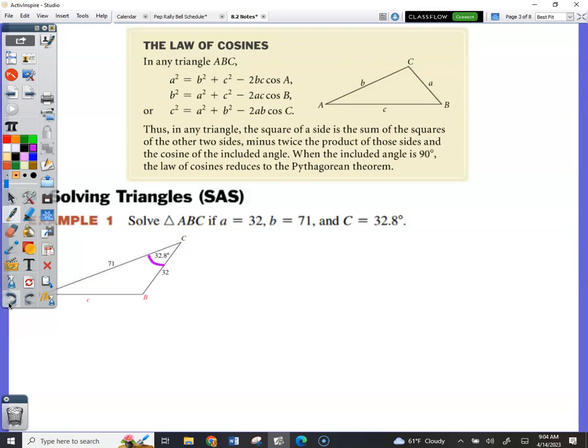So this is already labeled right here, so if you want to highlight it or box it in. If you need to, go make your little chart. We've got angle A, angle B, angle C, and side A, B, C. What do I already know?